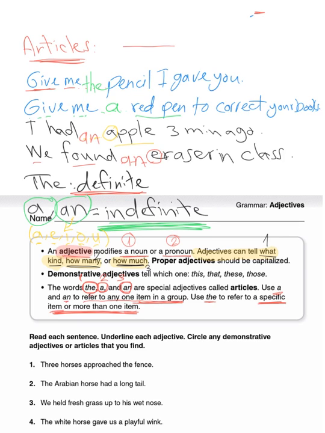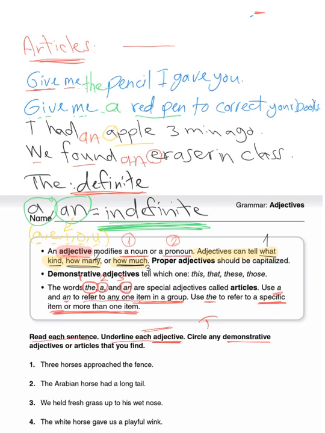nouns only. Now here, in the question they said, read each sentence, underline each adjective. So the adjectives, we need to underline them. Circle any demonstrative adjectives or articles that you find. So for adjectives, we will underline them. If they were demonstrative, and again, what do we mean by demonstrative?